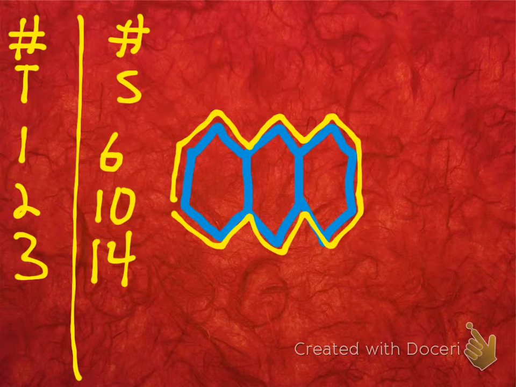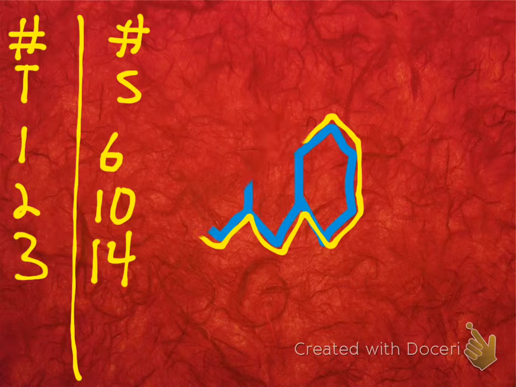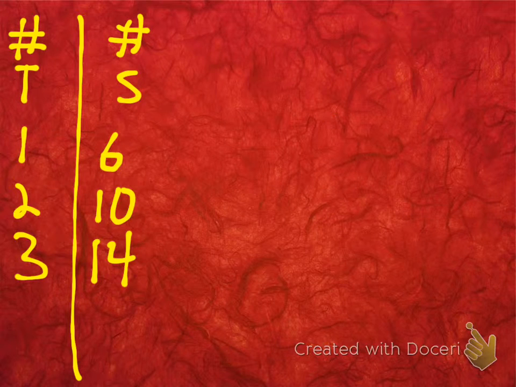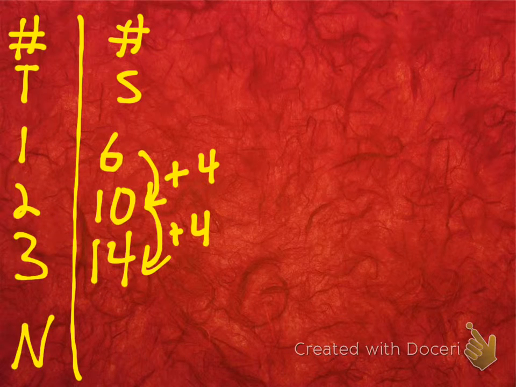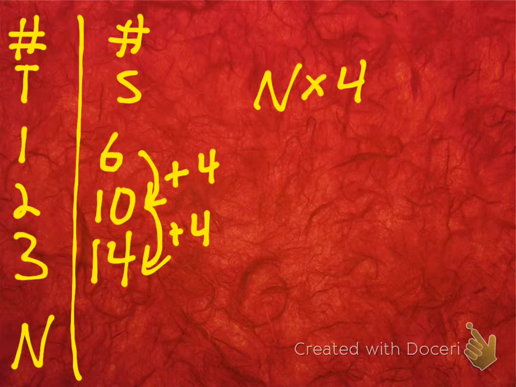Now we should be able to start coming up with a rule. Let's take a look at what we have in our table. These are our n. This is our position number, right? The number of tables. Well, what are we getting every time? Plus 4. So our rule is n times 4.